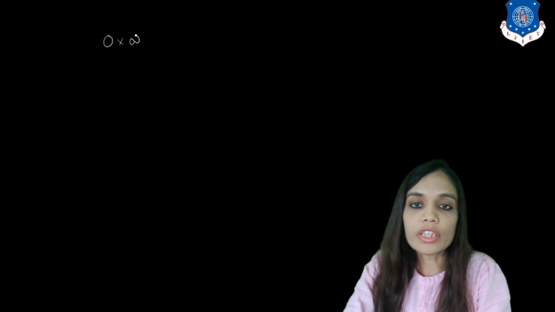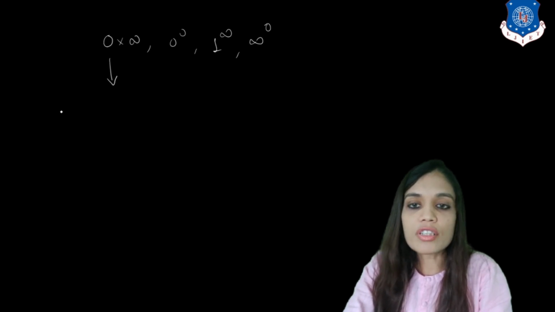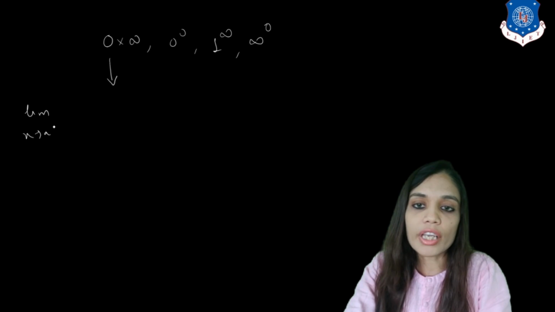So in today's lecture we have studied these many types of indeterminate forms. They are 0 into infinity, 0 raised to 0, 1 raised to infinity and infinity raised to 0. In these types of indeterminate forms, you have to firstly modify the question, that is limit x tends to a f of x into g of x.